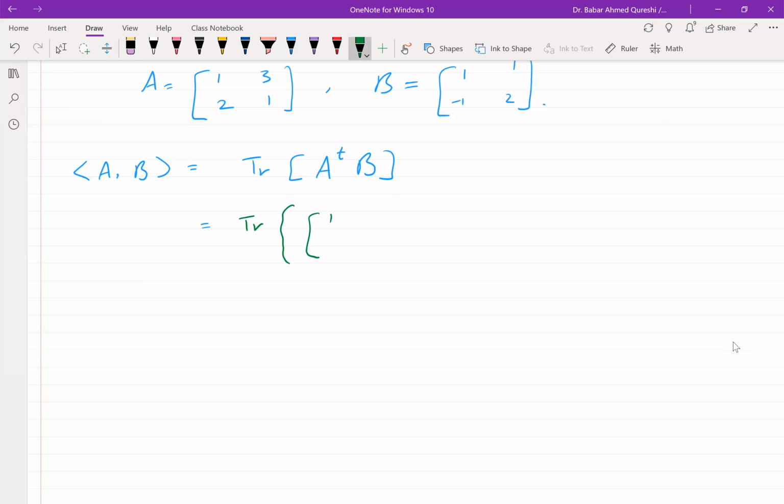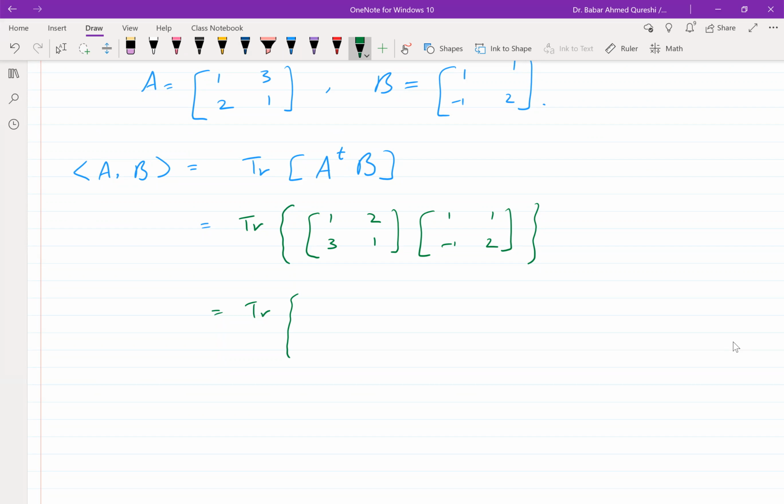I take A transpose, so it gives me 1, 2, 3, 1, and B as it is. Because this combination gives me a number and it fulfills the properties of a scalar product.